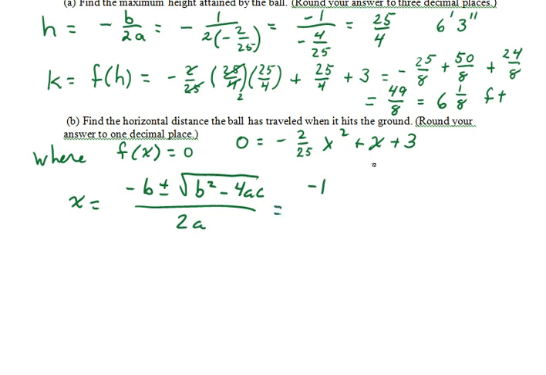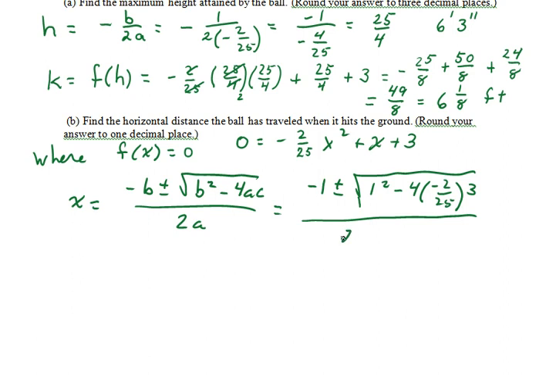So -1 plus or minus the square root of 1 squared minus 4 times -2/25 times 3 all over 2 times -2/25.